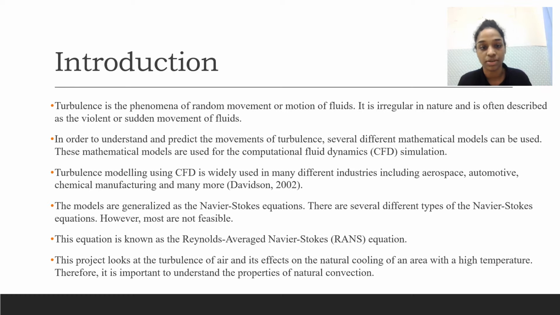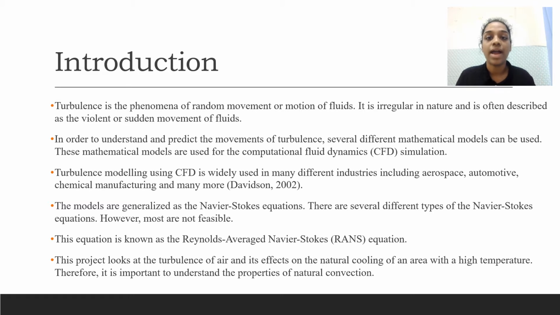according to Davidson 2002. In general, these models are generalized as the Navier-Stokes equations, but there are 7 different types, and these include models such as the direct numerical simulation, known as the DNS model. But this model is often not used because of the high computational power required, so it's not as feasible.